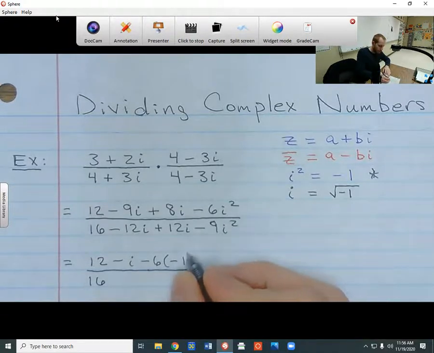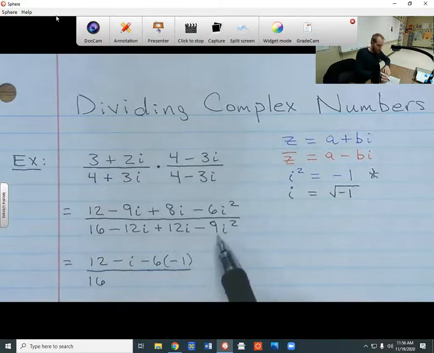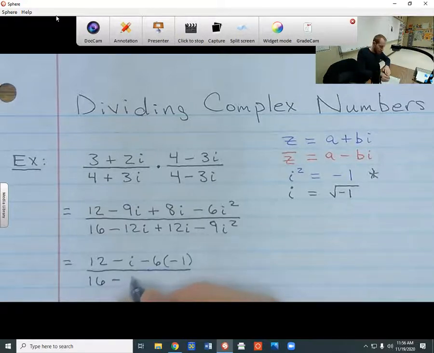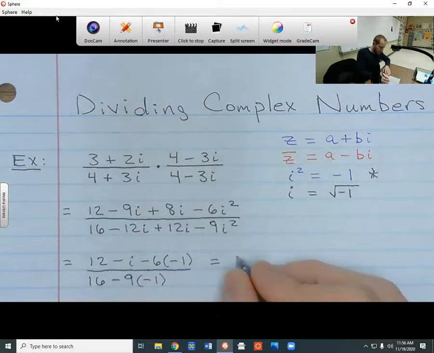I'm going to keep the negative 9, but write the i squared as negative 1. Now I'm almost done. I just have to simplify a little bit to get my final answer. Over here, I have 12 minus i, and then I have negative 6 times negative 1. That's going to give me a positive 6.